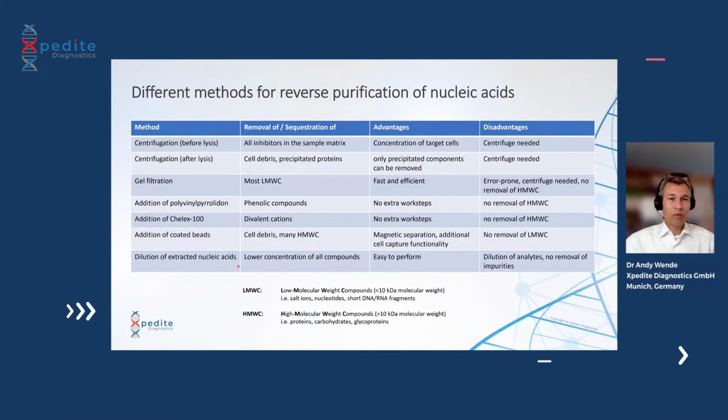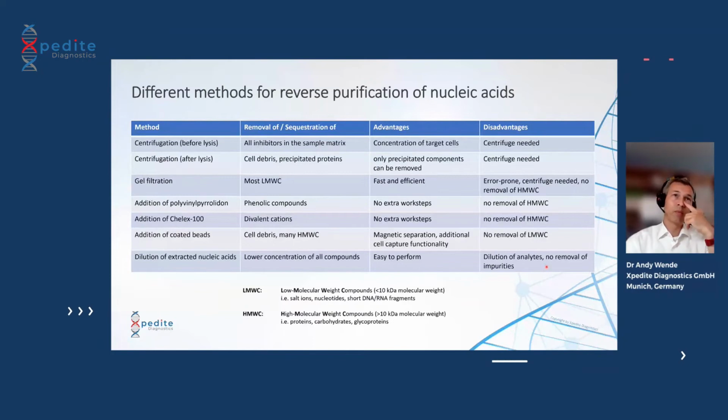And the most simple way of treating your nucleic acid extract is to dilute it. That would lower the concentration of everything in this extract, means of your nucleic acids, but also of all your impurities. It's very easy to perform, obviously. However, you not only dilute the impurities, not speaking about removal at all, but you also dilute analytes, so your DNA or your RNA, which you actually want to detect afterwards.